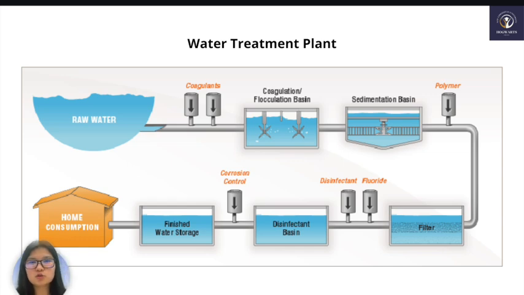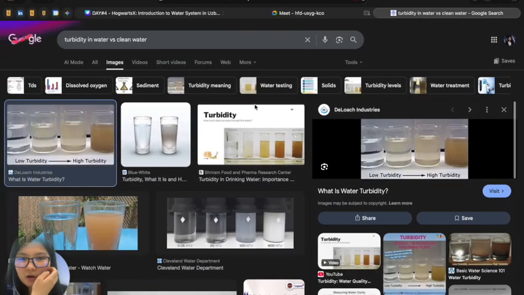So you don't have to do a lot of things. You just add the coagulant. The coagulant sticks to the mud particles. The mud particles become heavy enough to settle to the ground, and then you just scrape it off, and that's it. And then the water is already clean enough.